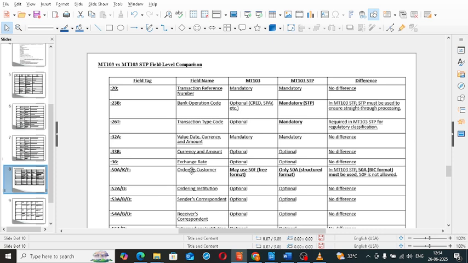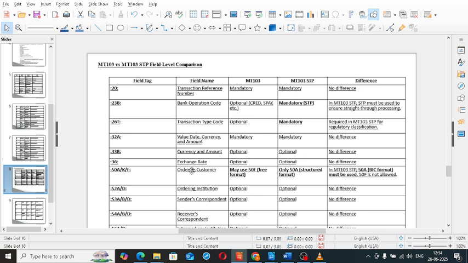Some difference is required, so the bank operation code 23B is a mandatory field for MT103 STP. Transaction type code is also mandatory for MT103 STP, but optional for MT103.